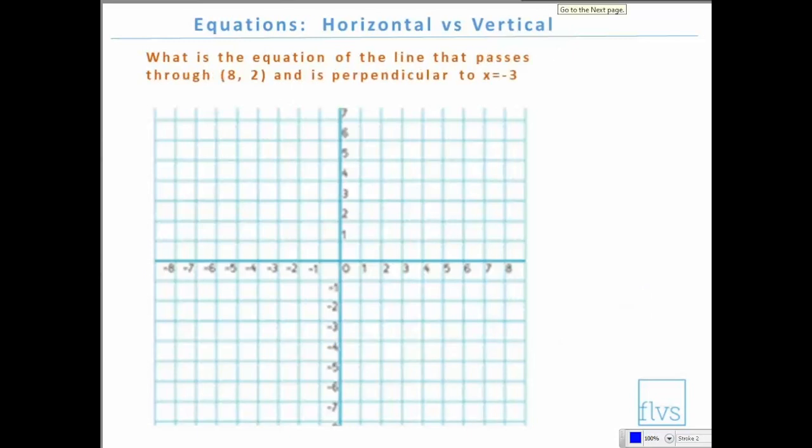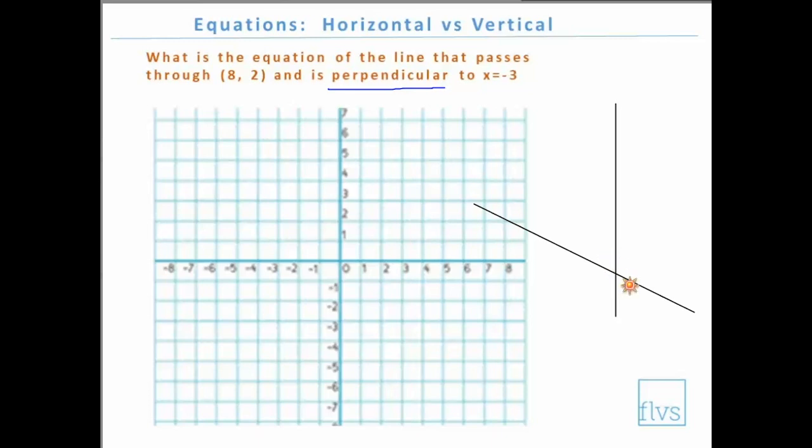Now they're going to throw this at you too, and these are some big words when you deal with perpendicular and parallel. Well, if you have a perpendicular line, technically what that means is it's a line that crosses another line and makes 90-degree angles. Well, if I have a vertical line and I make something that makes an exact 90-degree angle, I can't make a diagonal line. If you know what a right angle is, 90 degrees, you know that these are not 90-degree angles.